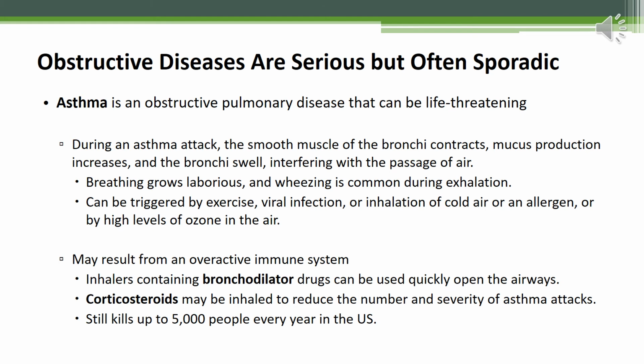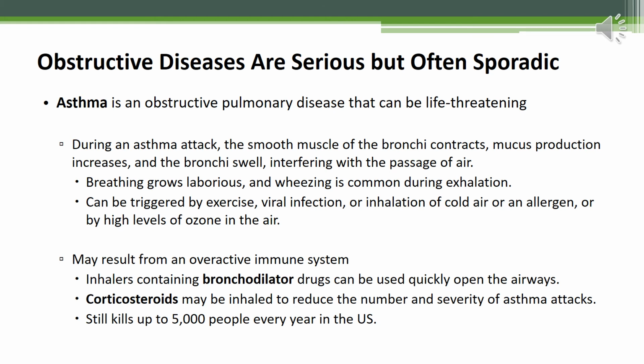This causes breathing to grow laborious, and wheezing becomes common during expiration. An asthma attack can be triggered by exercise, viral infection, or inhalation of cold air, or an allergen, a substance that causes an allergic reaction, or by high levels of ozone in the air.